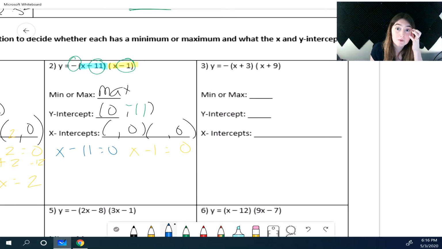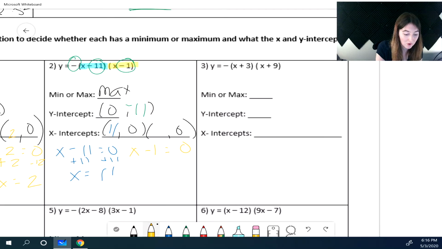So let's solve the first one, the one in blue. X minus 11 equals 0. How do we get x by itself? We add 11 to both sides. So we get x equals 11. So 11 is one of my x-intercepts. I've got to solve the other one.